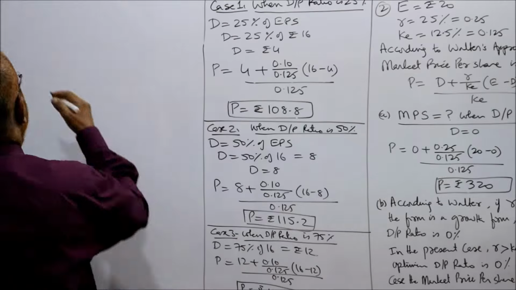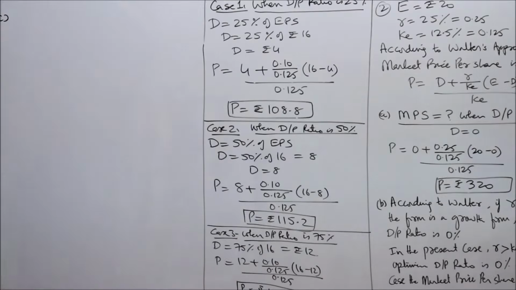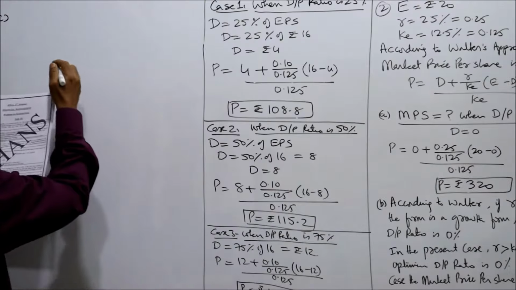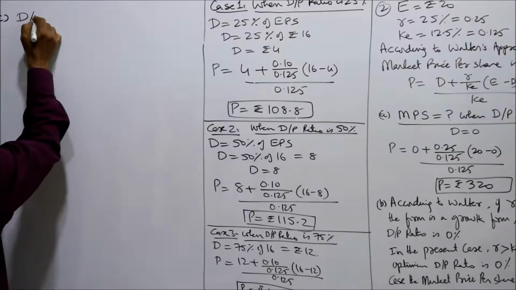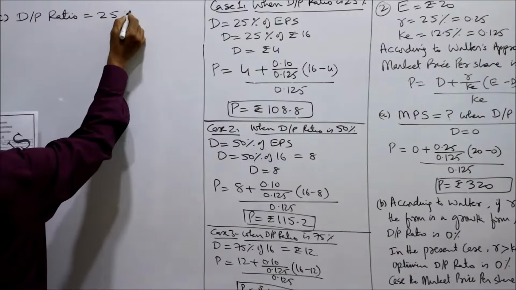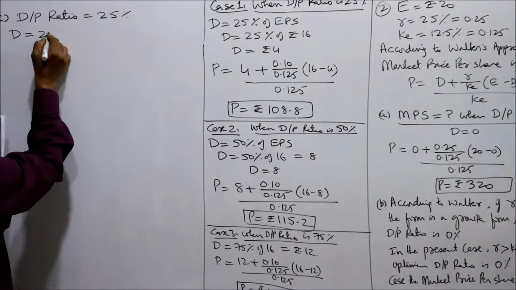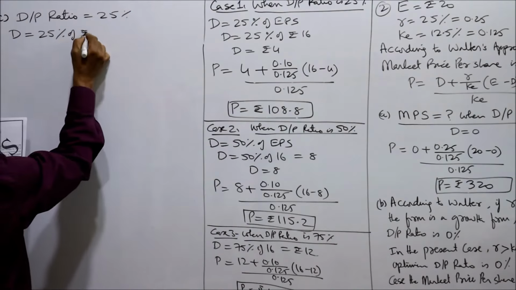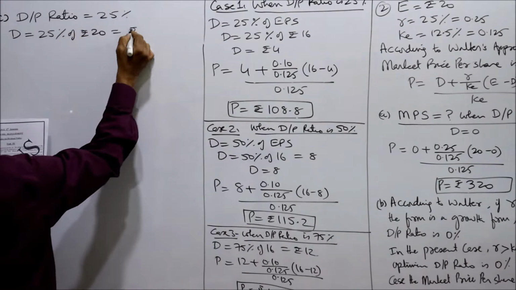Now, C point, second problem. The C point is asking, suppose the company has a payout ratio of 25%. So DP ratio is equal to 25%. So D is equal to 25% of rupees 20.